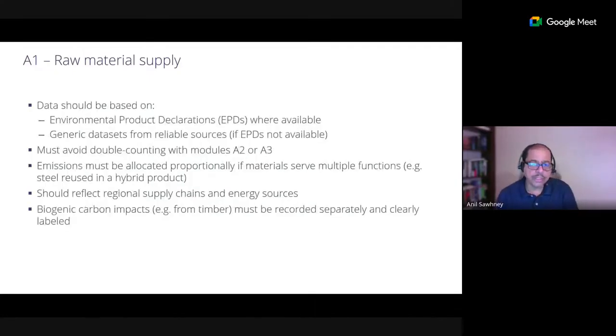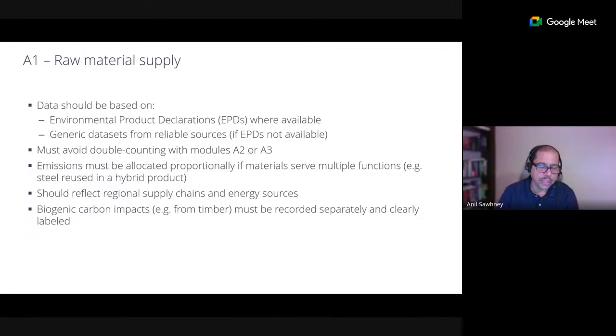So for A1 raw material supply, imagine you're buying a cubic meter of concrete. You don't want to use first principles and calculate emissions coming from extraction of raw materials for your cement, then aggregate, sand, water, and mixing.